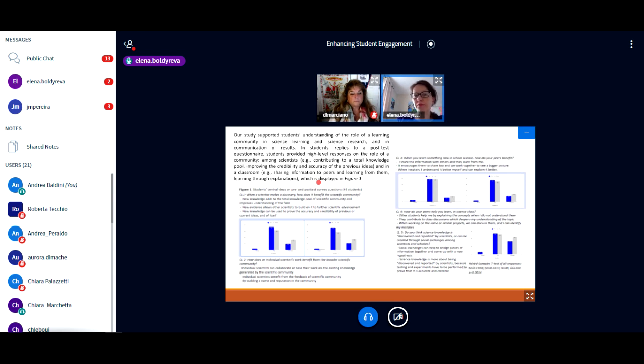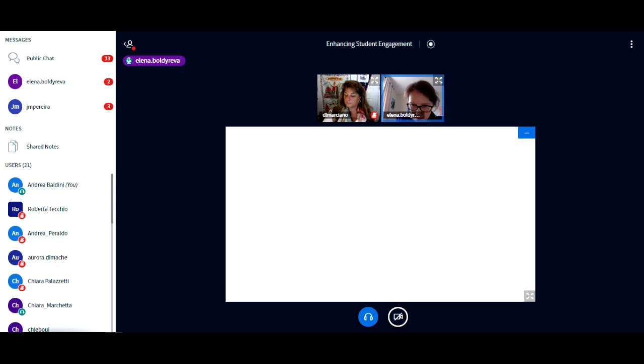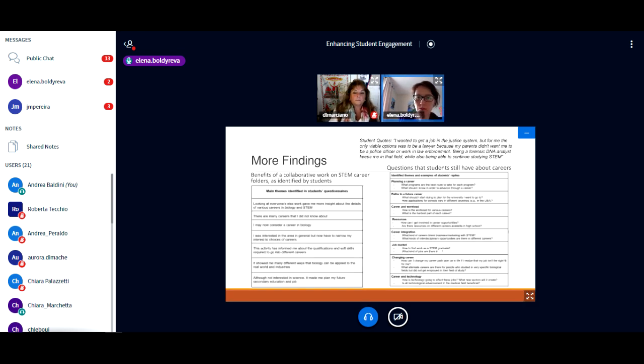Overall, we found that by the end of the curriculum, students provided more high-level, more extensive responses on the role of the community, such as contributing to a total knowledge pool and improving the credibility and accuracy of previous ideas, and about the role of community in the classroom, such as sharing information with peers and learning from them, and the importance of learning through explanations and discussions. There were more findings, and we're still working on the analysis.